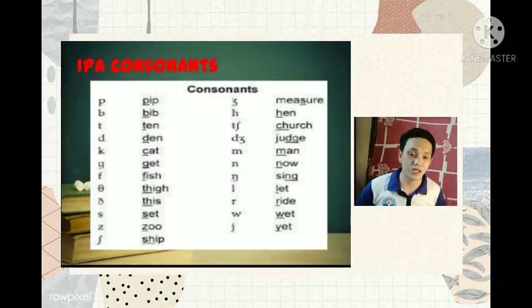For the IPA consonants, here are the following words: the, ten, den, cat, get, fish, tie, this, set, zoo, sheep, measure, hen, church, judge, man, now, sing, let, ride, wet, and yet.